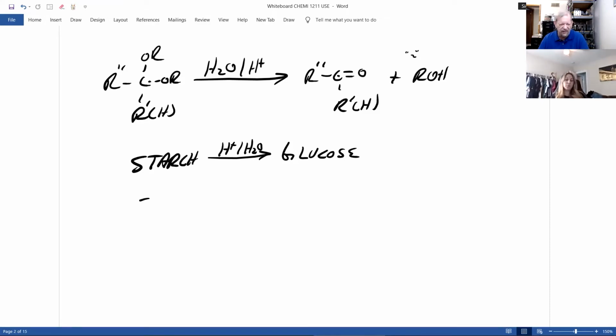I'm gonna let you try this one. And why don't you try that one? What would you get if you react sucrose, like in your stomach, with acid and water? Your turn.